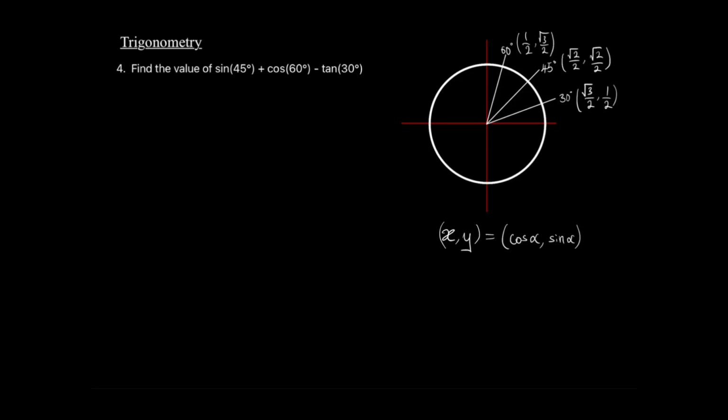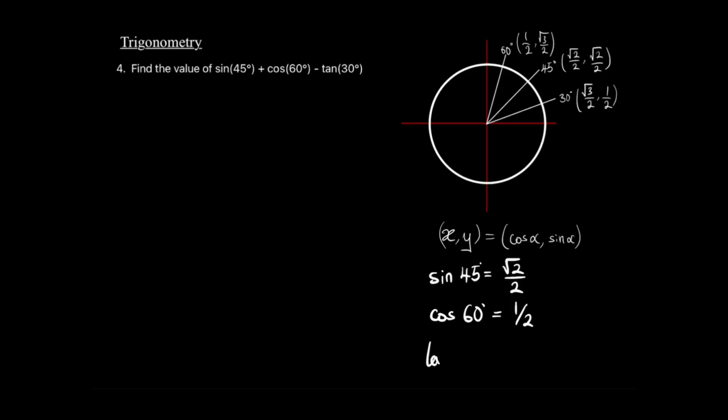And then we can conclude that sine 45 degrees is square root of 2 divided by 2. Cosine 60 degrees is 1 over 2.